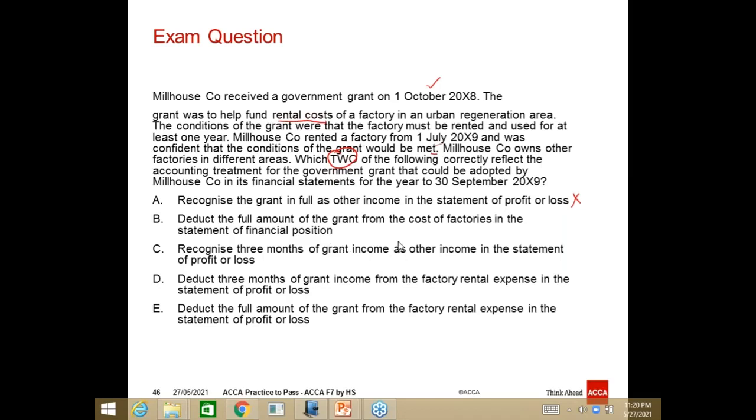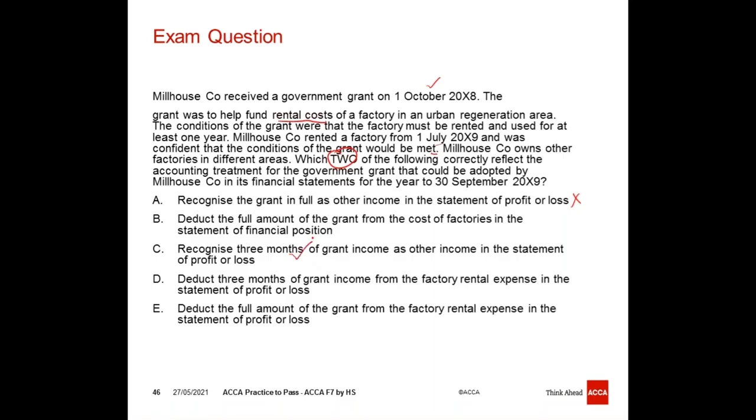Recognize the 3 months grant, like July, August, September, 3 months grant, as other income in the statement of profit and loss. Yes, this is right. Deduct the 3 months grant income from the factory rental expense in the statement of profit and loss. Deduct the full amount of the grant from the factory rental expense, this is not possible.